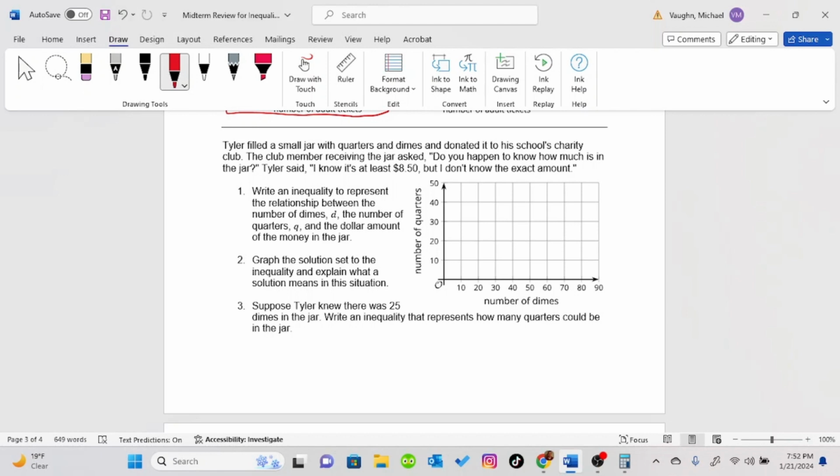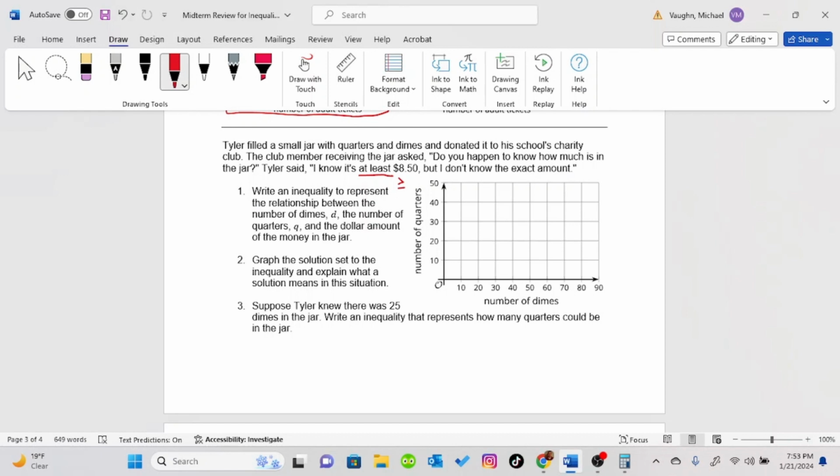So the key words here, at least. So it could be exactly $8.50, or it could be more than $8.50. So at least tells us we're going to have greater than or equal to.